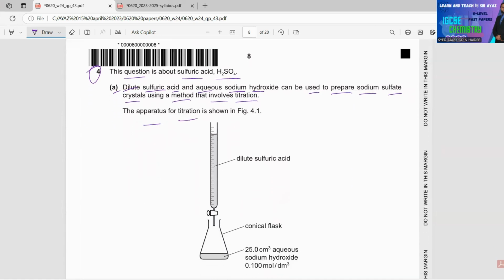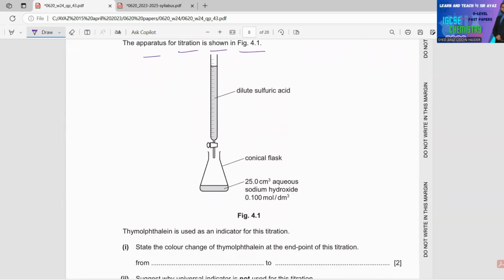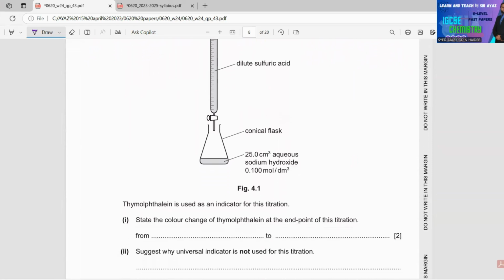The apparatus for titration is shown in figure 4.1. So this is the apparatus we are using. We have 20 cm³ of aqueous sodium hydroxide in the conical flask and dilute sulfuric acid in the burette. Thymolphthalein is used as an indicator for this titration.